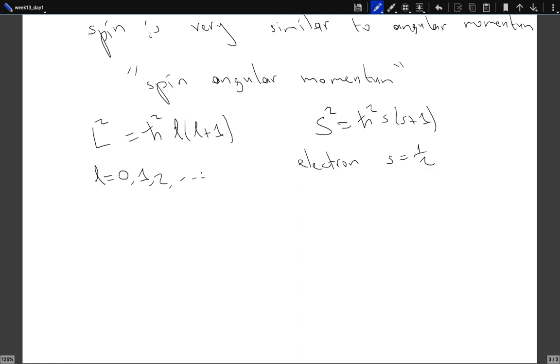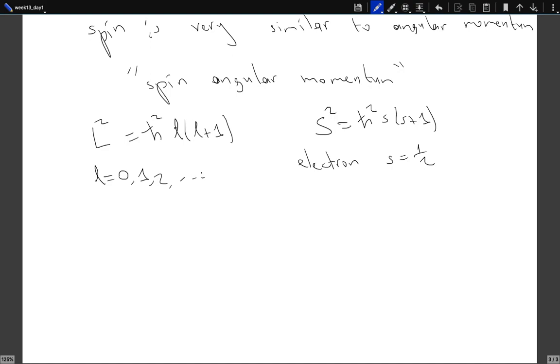So that's another argument against interpreting the spin as a rotating sphere. For various reasons, it just doesn't work. It is an intrinsic property of the electron. It's not caused by the motion of internal constituents of the electron. It's just an intrinsic property, just like the mass of the electron.